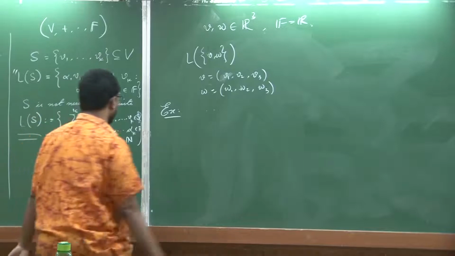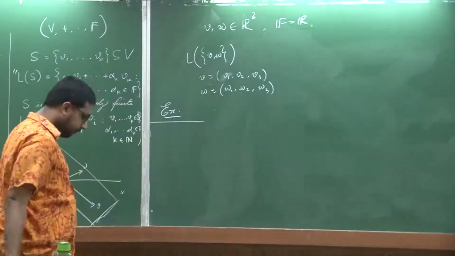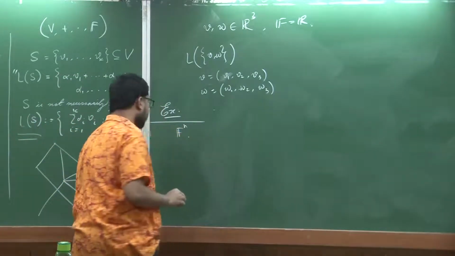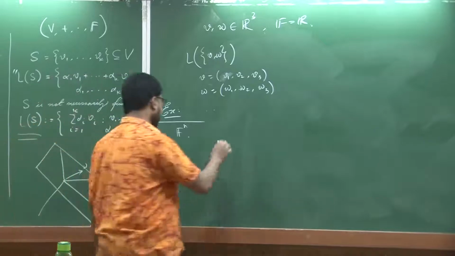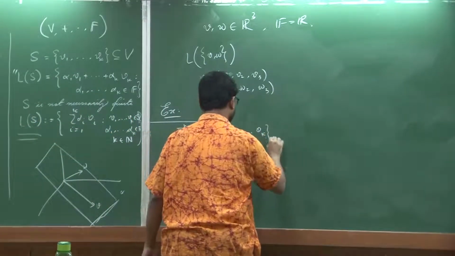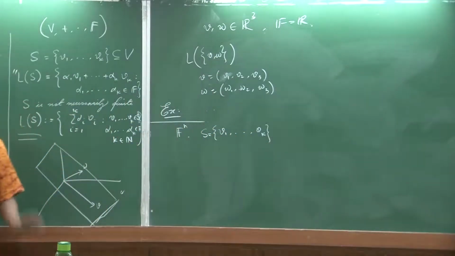Now, we will rather look for something even more general. Again let us stick to Rn or Fn, it does not matter. Suppose I have been given k vectors V1, V2, up to Vk. So, the span is going to be all possible linear combinations of these vectors.